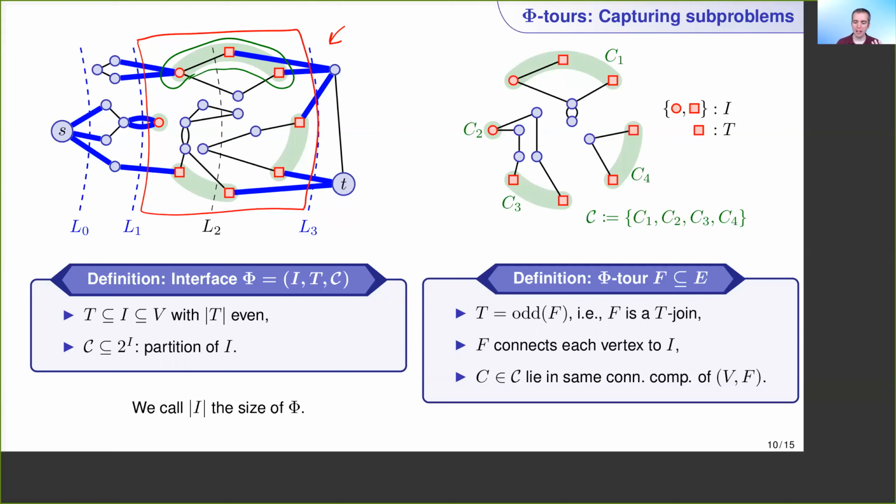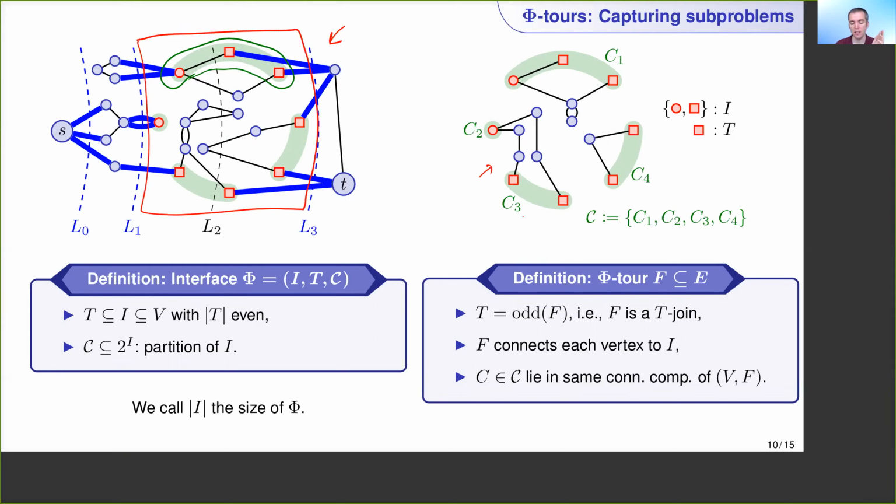And what's the task? The task is to find what I like to call a phi tour. You can see this here on the right-hand side now. So a phi tour is a subset of edges in that subproblem such that every vertex that is not an interface vertex has to be connected to an interface vertex. The degrees of all vertices are even, except for the T vertices where the degree has to be odd.